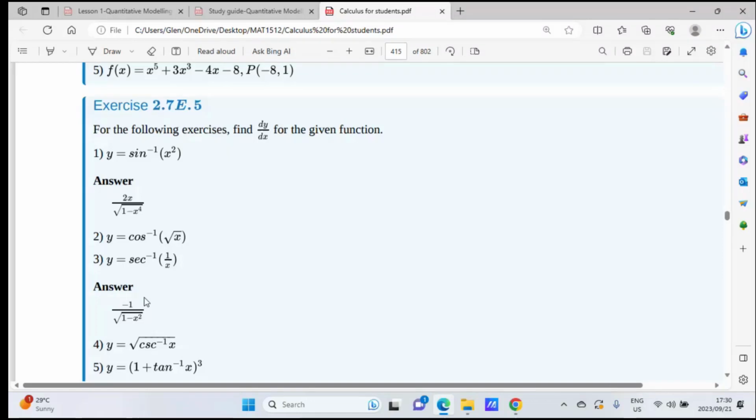Do you see number 4 and number 5? I would like us to do both at once. Is it okay, or should we do one and then the other one later? Advise me, please. Doing both is fine. Both at once. Yes.